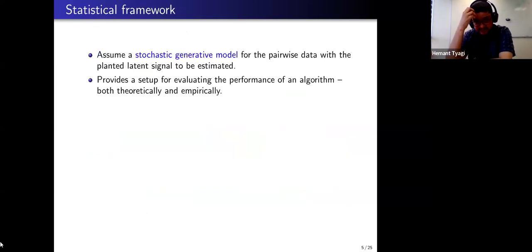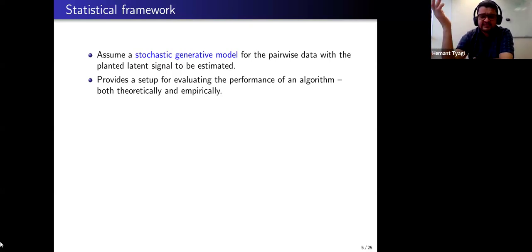Now, if you want to study these in a principled, mathematical way, in statistics, what one does is formulate a statistical framework to study such problems, which essentially means you consider a stochastic generative model for generating the pairwise data, where the latent signal is planted. It's a ground truth. So we assume a stochastic generative model which generates the pairwise data with the planted latent signal, which has to be estimated.